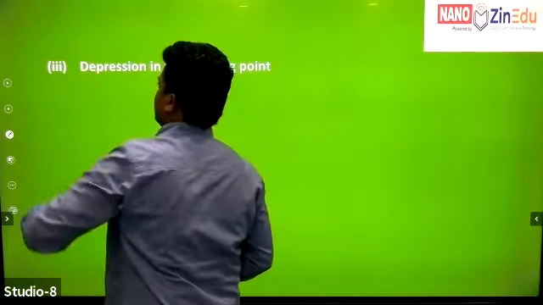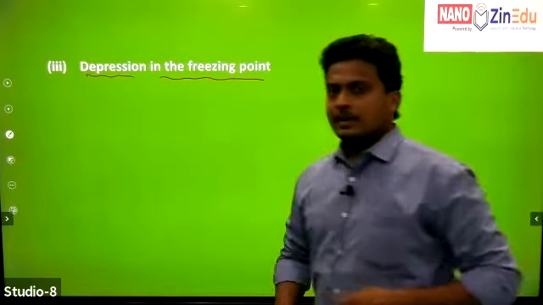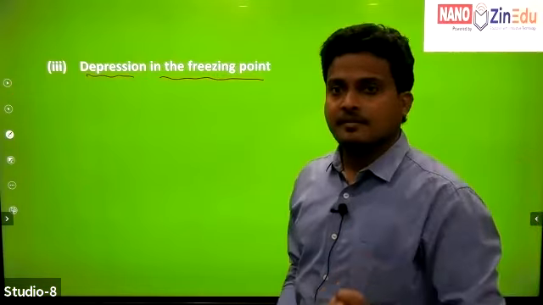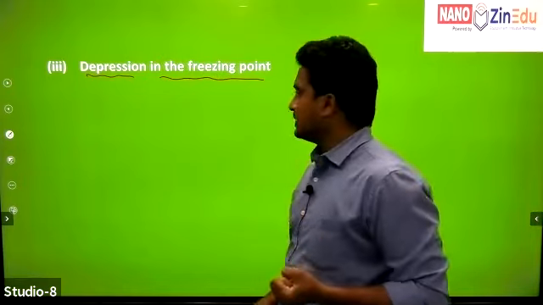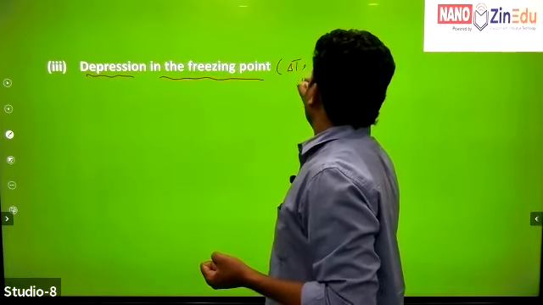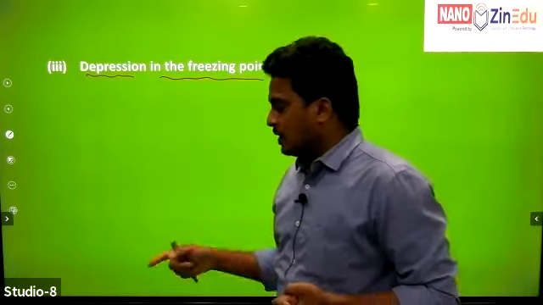Next one, depression in freezing point. Depression means decreasing in freezing point. Depression in freezing point is denoted with delta TF, F for freezing point, where B represents boiling point, right?